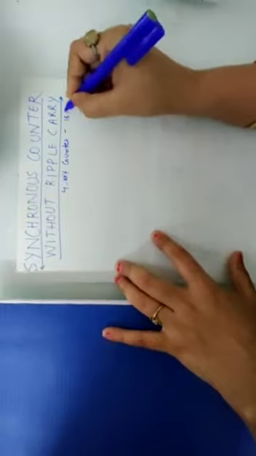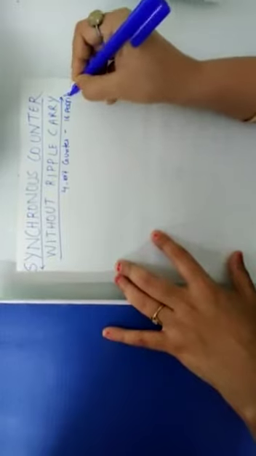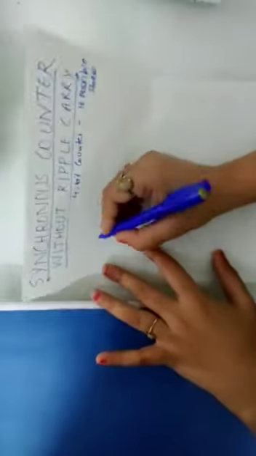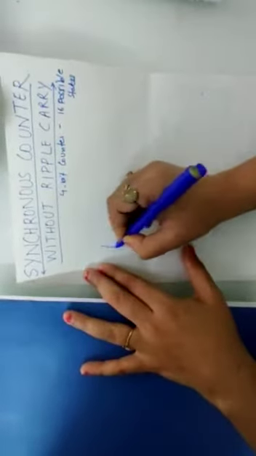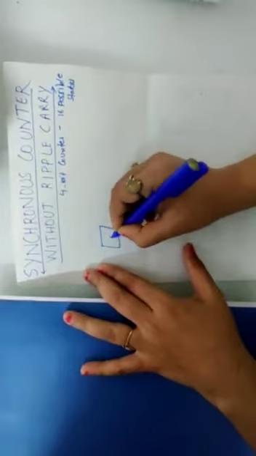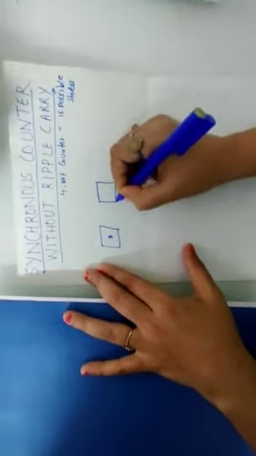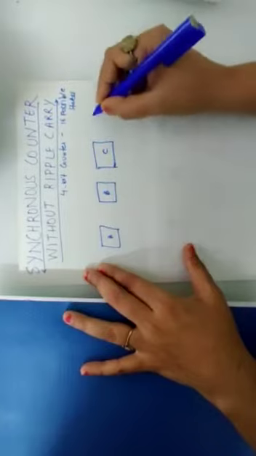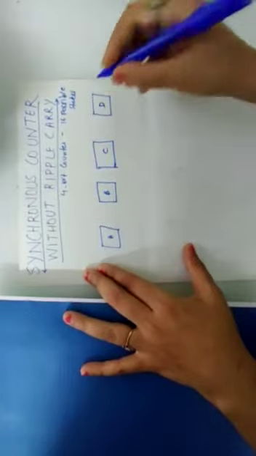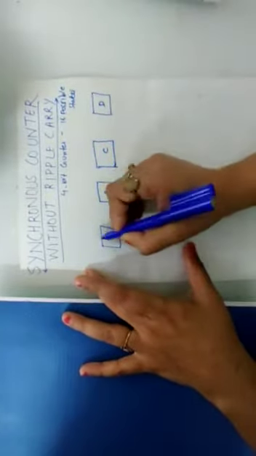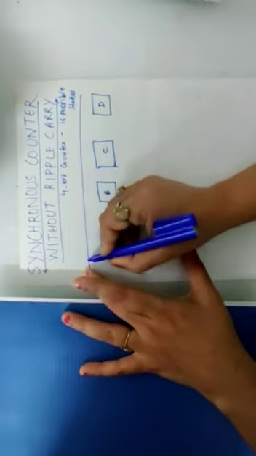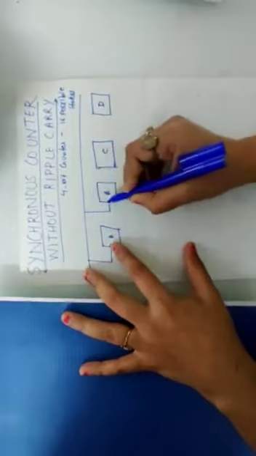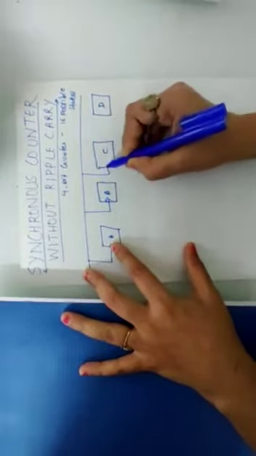which means 16 possible states, or 16 clock pulses it will count. We are taking 4 flip-flops: this is first A, B, C and D. All are getting the same clock pulse because it is synchronous, so all will be triggered at the same time with the same clock.